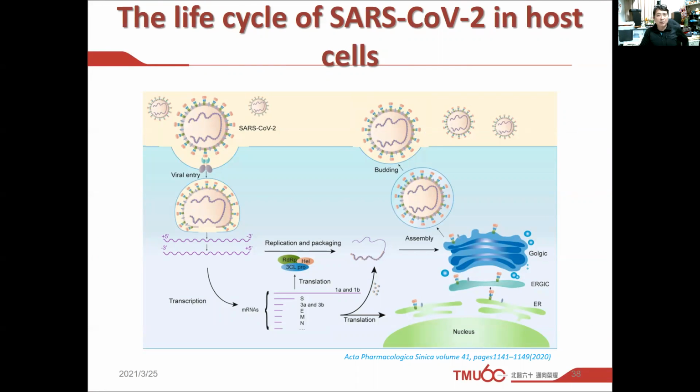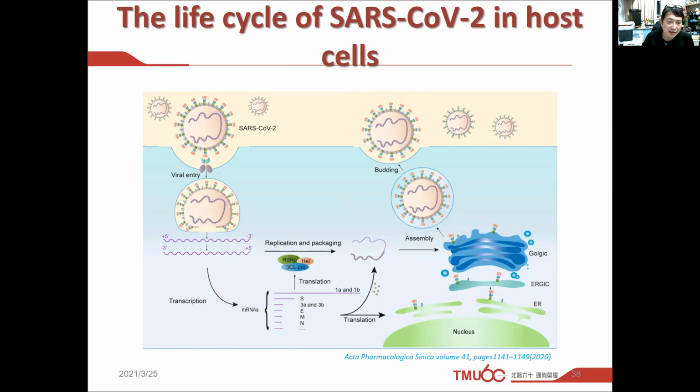Okay, here we're going to introduce the life cycle of SARS-CoV-2 in host cells. You can see that the virus enters by means of the ACE2 receptor and the S spike protein, and uses the endocytosis pathway, loading the virus into the endosome.